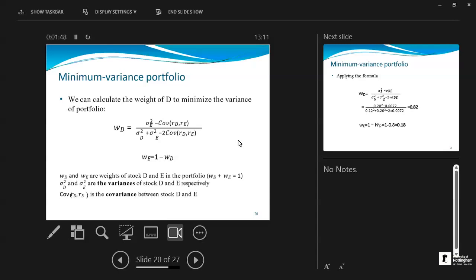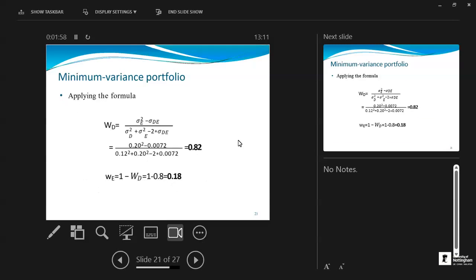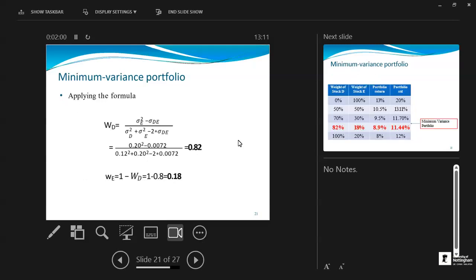Okay, and we know the sum of the two weights must equal 100%, or 1. Right. Okay, so we apply this formula to our example. These are numbers from the example that we are using. So the weight of stock D should be 0.82, or 82%.